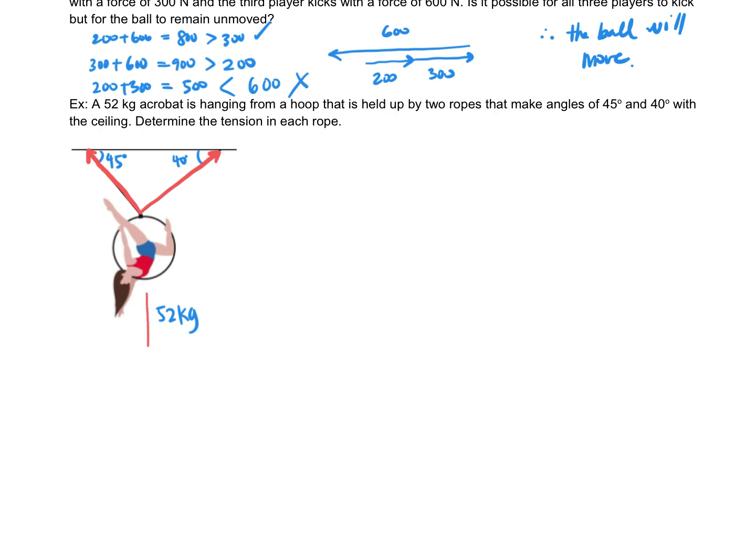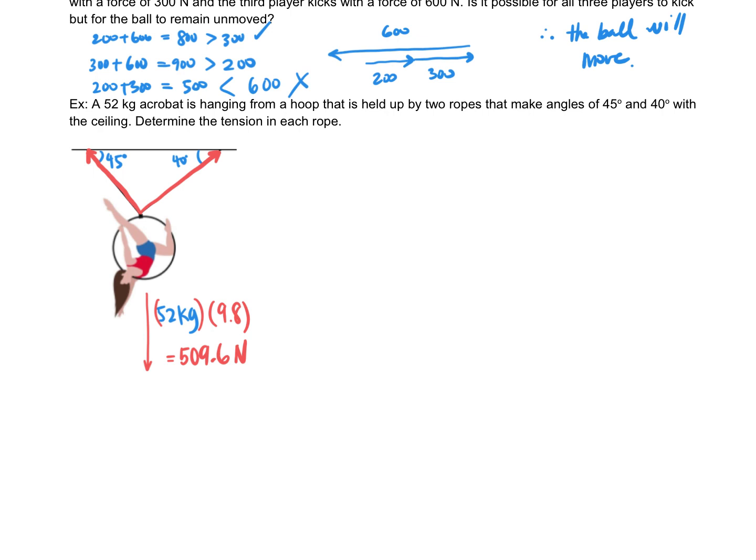There is that downward force due to gravity, and that force is going to be the 52 kilograms times 9.8. And if we do that, we get a force of 509.6 newtons. So we have our scenario here, but these forces are not arranged in a way for us to solve for any of the missing information.